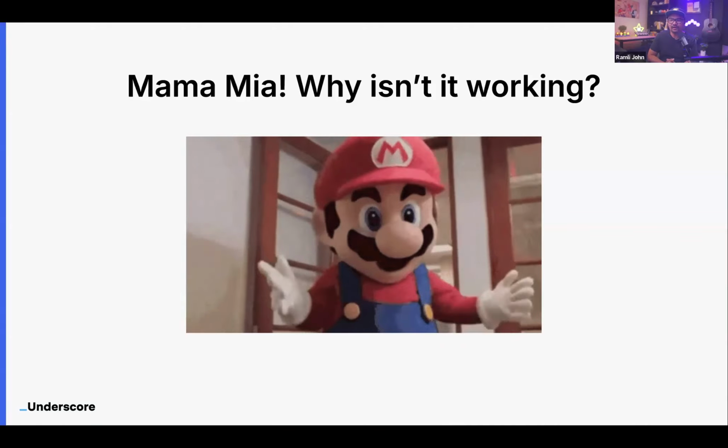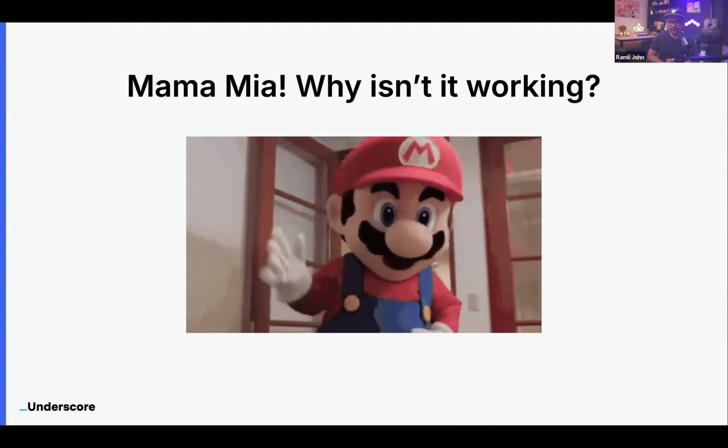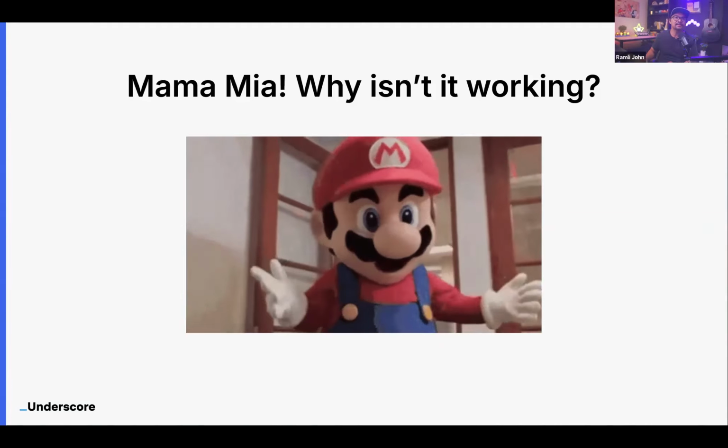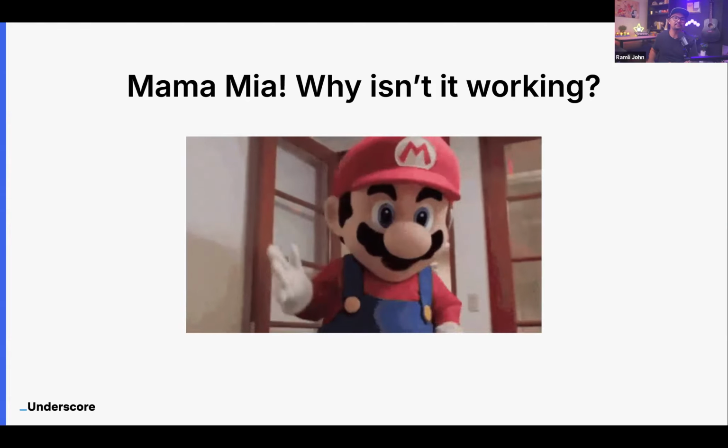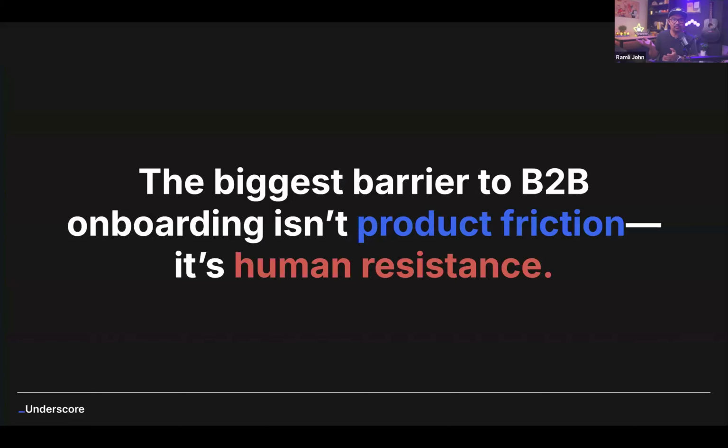And one of the things that I found studying and working with different B2B teams is that the biggest barrier to B2B onboarding isn't product friction. It's often human resistance. It's this resistance to change, this resistance to transformation, because that's truly what onboarding is about. It's about changing the way that they do things to how they should do it with your product.